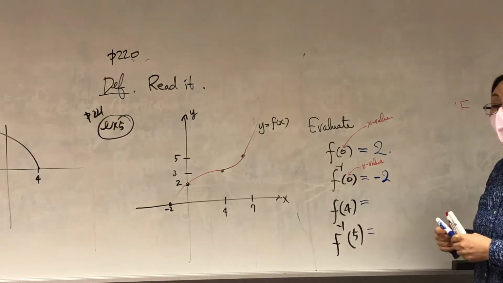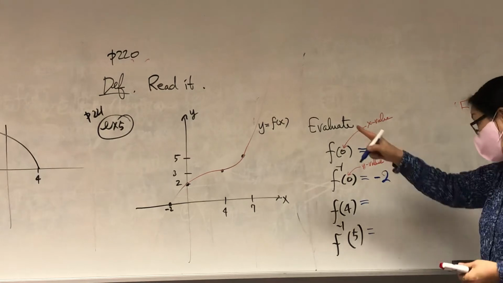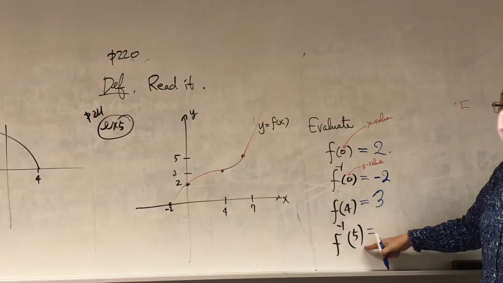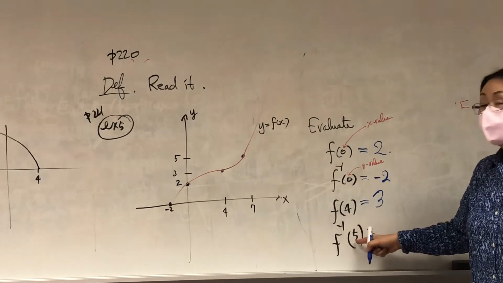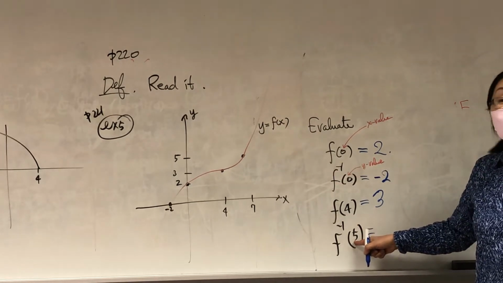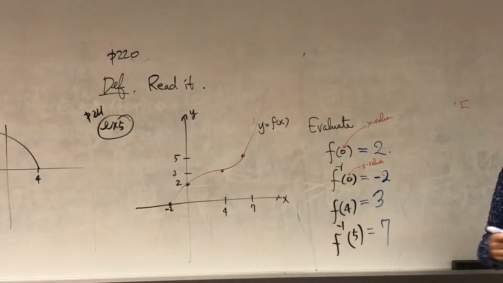What is f of 4? This is the x value, right? 3. Good. What is f inverse of 5? 5 is the y value. 7. Good job. Do you understand?